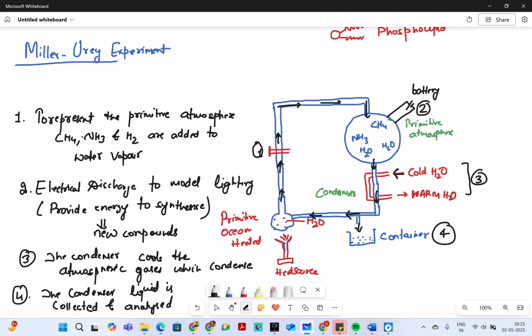The apparatus they used: they boil the water to produce steam, right? Recreating the early earth primordial soup evaporating in the high temperature that existed on earth. You can see the water vapor going up. Mix the steam with the gases including methane, hydrogen, ammonia, right? That recreated the atmosphere. Then electrical discharge of the gases.